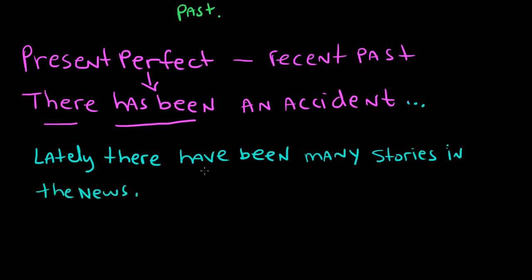In this example, we also use have been in the present perfect to talk about plural things. So we use the present perfect with there to talk about things that happened in the recent past. Let's look at another example.